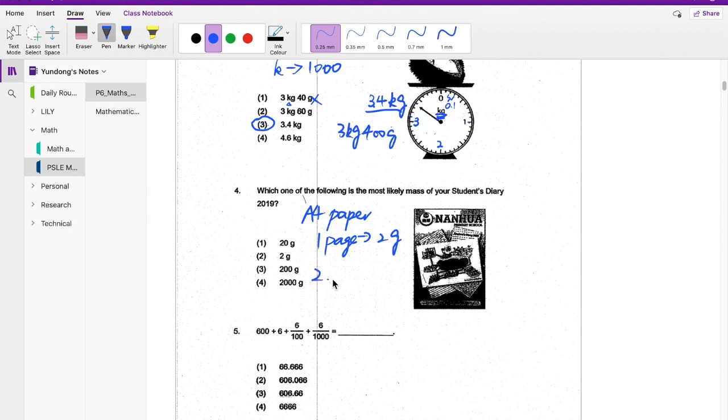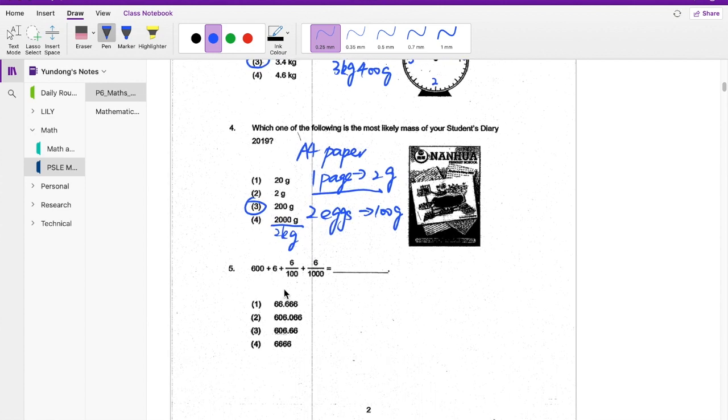If we have 2 eggs, it's around 100 grams. Based on this, if you can remember roughly like this, you know this diary is maybe 100 pages or less. So it's around 200 grams. It's not as light as 2 grams or 20 grams, and also not as heavy as 2,000 grams, which is 2 kg. So this book is around 200 grams.